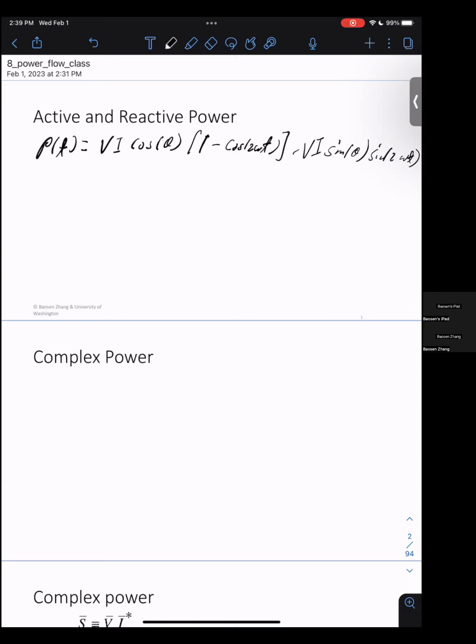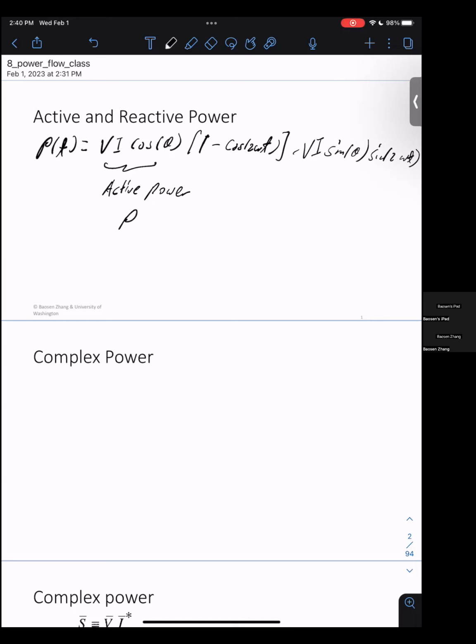Whenever you see P in power systems, that does not mean a time varying power. Time varying power is almost never used in power systems.